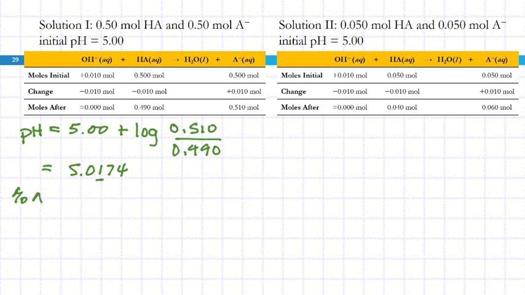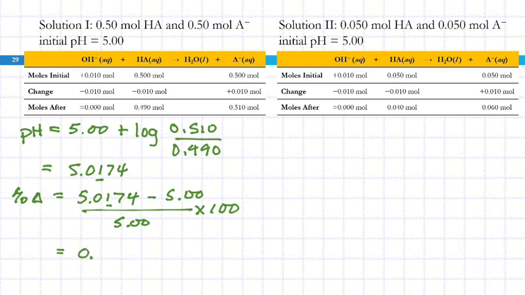Percent change. Take our new pH and subtract the original pH and divide by that. 0.35%.